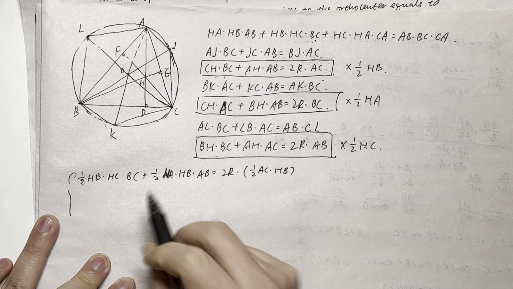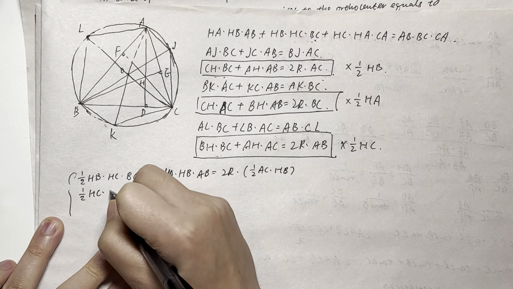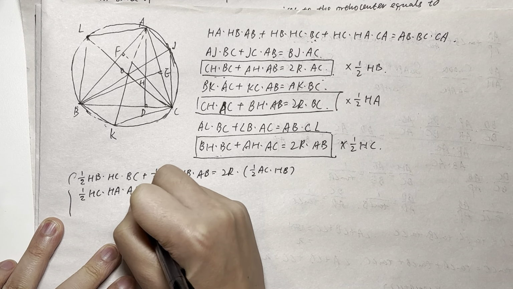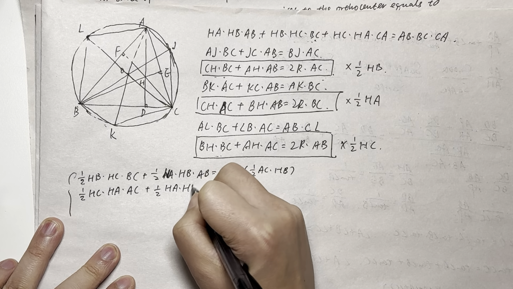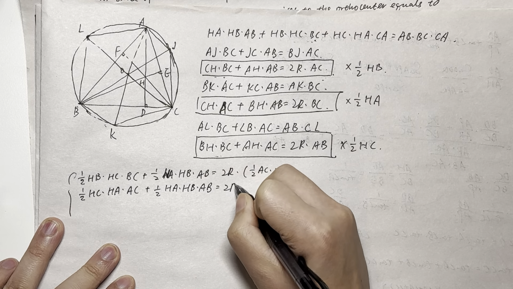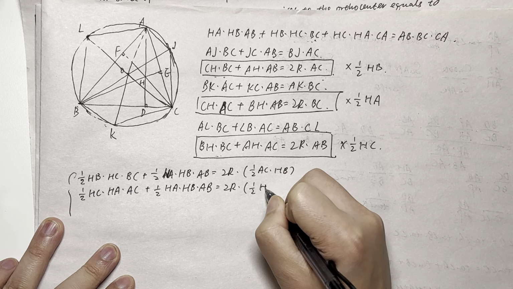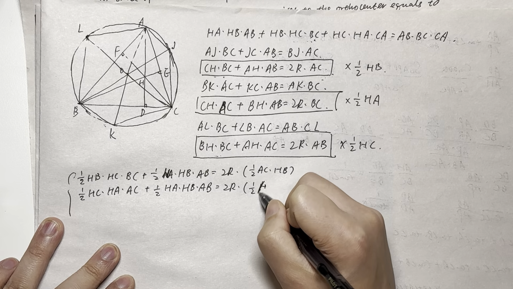And for the second one, we have half of HC times HA times AC plus half of HA times HB times AB equals 2R times half of HA times BC, actually, right?